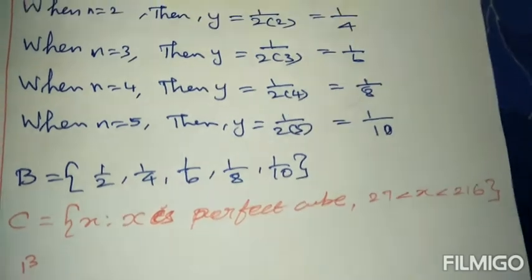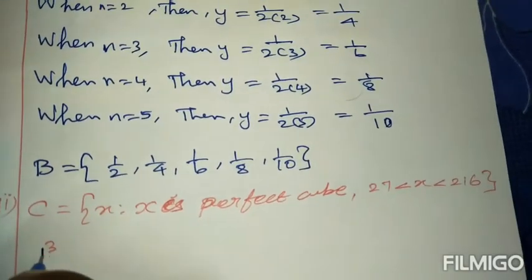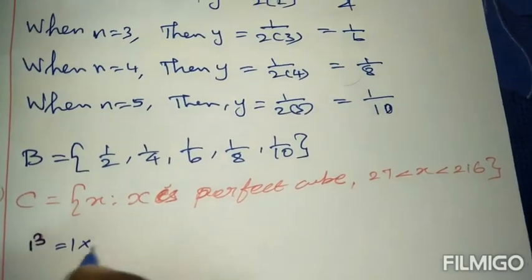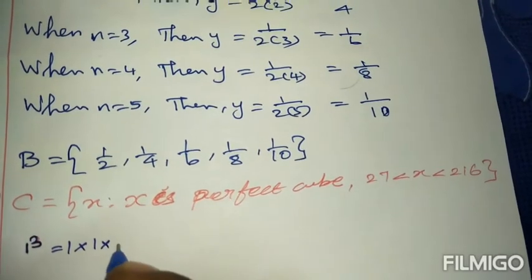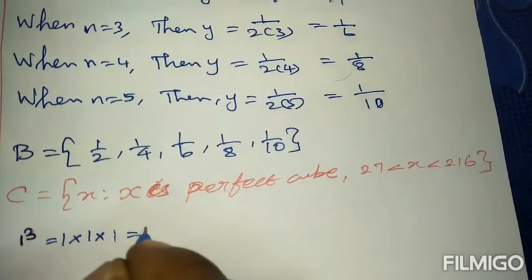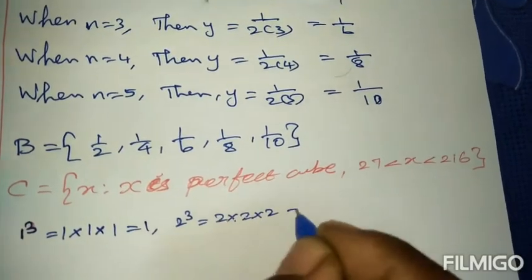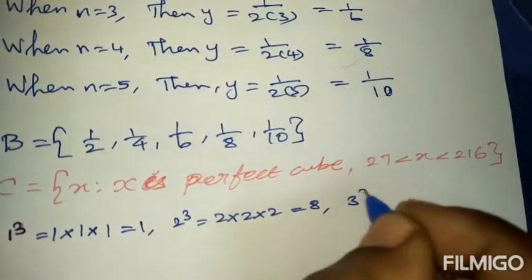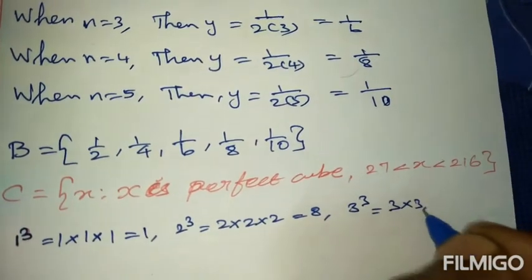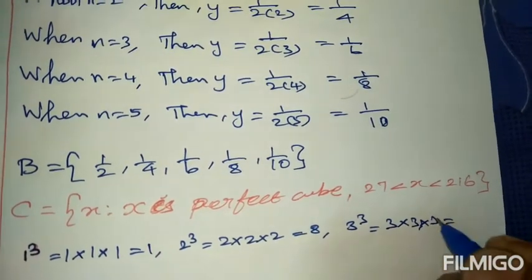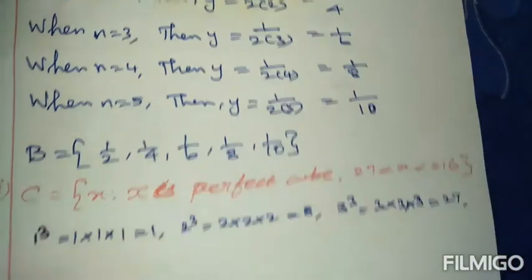1 cube means 1 into 1 into 1 equal to 1. 2 cube means 2 into 2 into 2 is equal to 8. 3 cube means 3 into 3 into 3 is equal to 27.